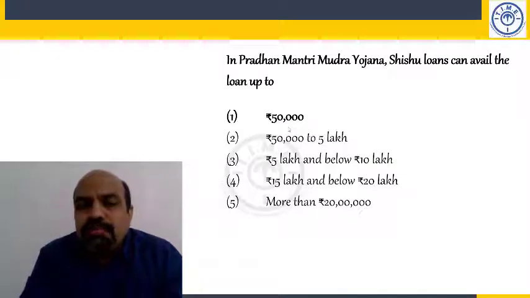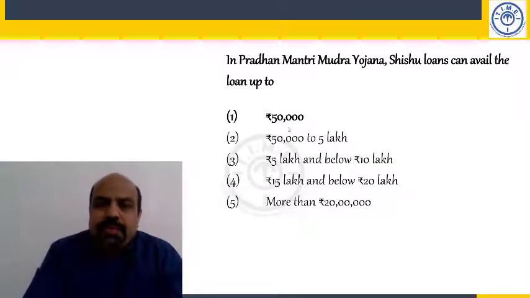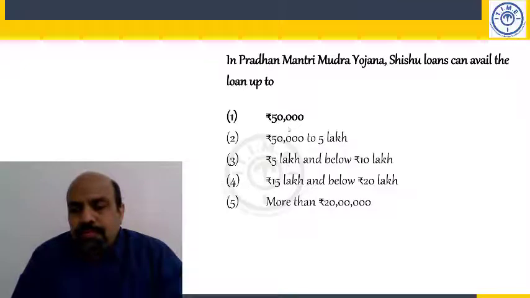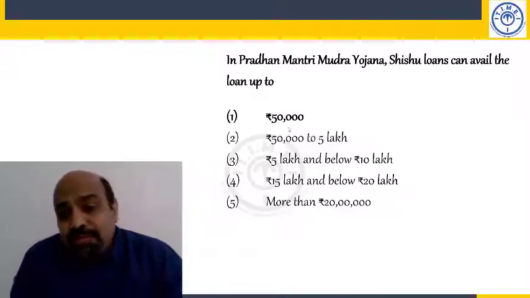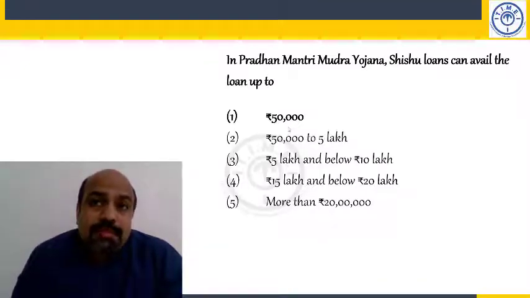This data comes from the Mudra website. 6.22 crore applications have been approved. Imagine that.